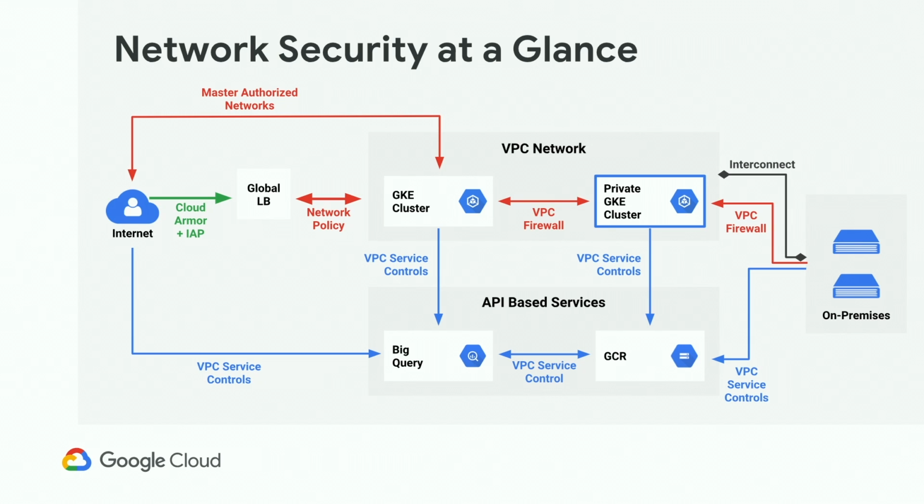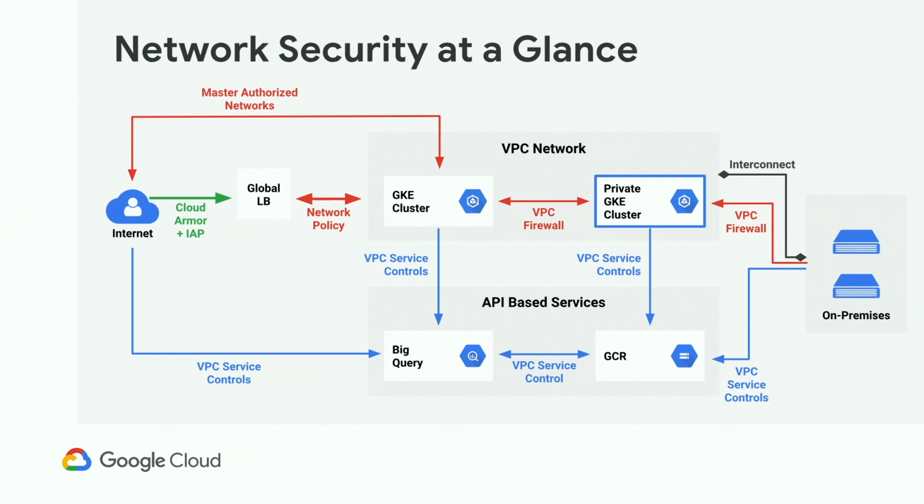Moreover, you have VPC Service Controls to control access to other managed services like Container Registry and BigQuery. On the L7 internet-facing side, you have Cloud Armor and Identity-Aware Proxy set up with your global load balancer to control access to your GKE deployments. And you use master authorized networks in your GKE clusters to control unauthorized access to your Kubernetes master.